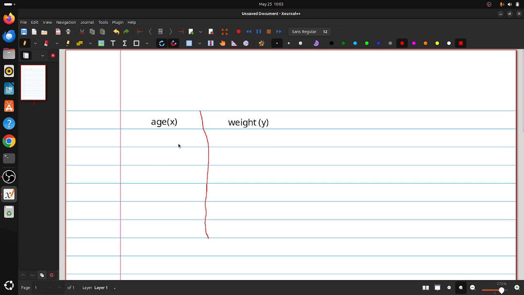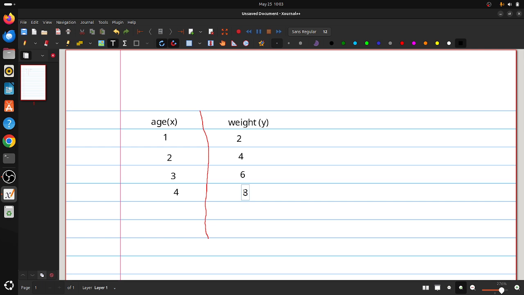So given age, our age is 1, 2, 3, 4, and then weight we have 2, 4, 6, 8. So given age, can you predict someone's weight?